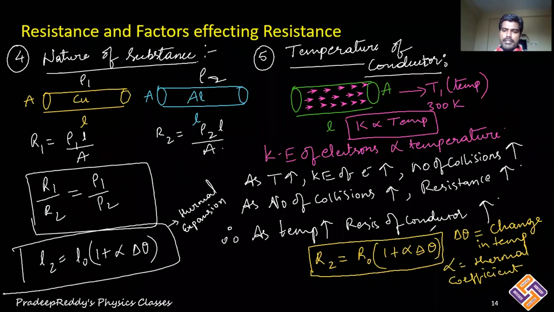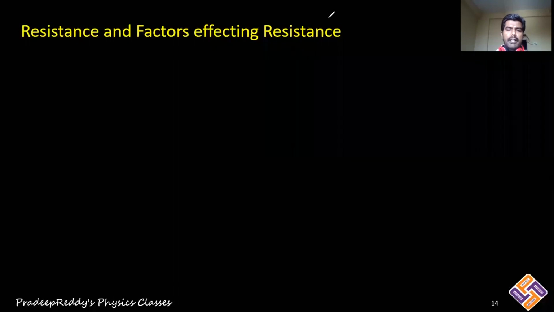So this is the final expression you need to use when temperature of the conductor is variable with respect to time. R2 is equal to R naught into 1 plus alpha delta theta. R naught is the initial resistance at a temperature T1. See, we have derived the equation: resistance at a temperature T is equal to R naught into 1 plus alpha into delta theta, where delta theta is the change in temperature.